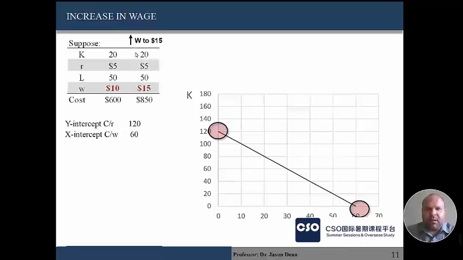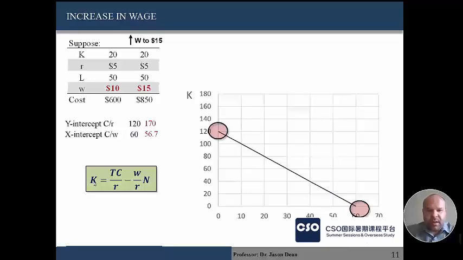Well, if the wage increases and we were to stay at using 20 units of capital and 50 units of labor, the cost would be $850. And the intercepts would be as follows, 170 and 56.7.